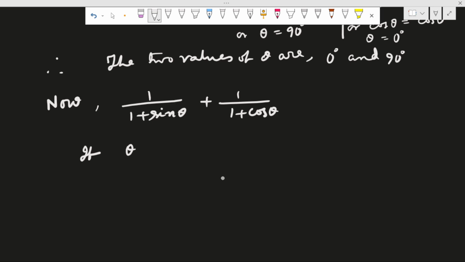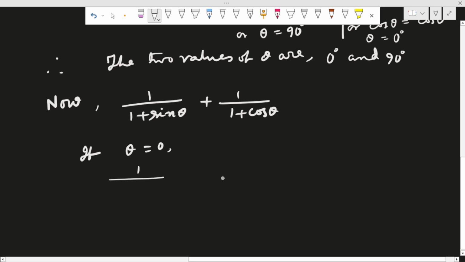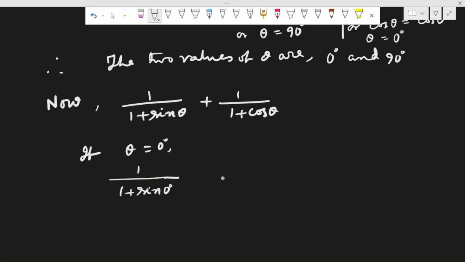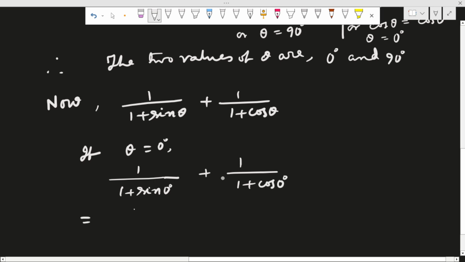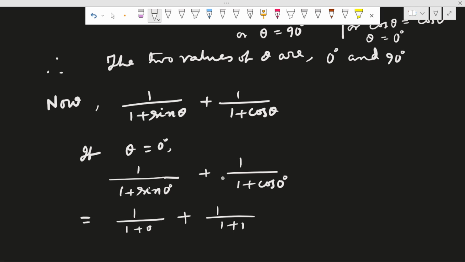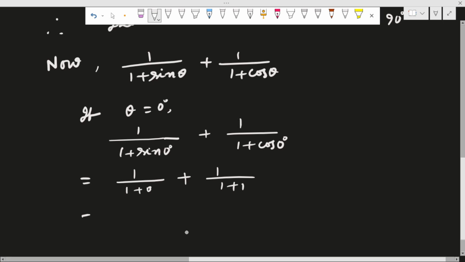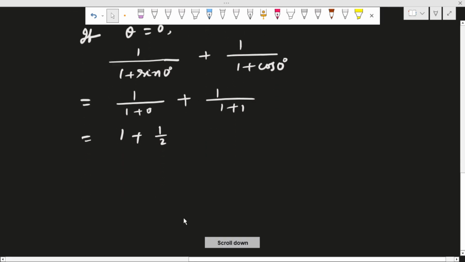If theta is equal to 0 degree, 1 by 1 plus sin 0 degree plus 1 by 1 plus cos 0, that is equal to 1 by 1 plus 0 plus 1 by 1 plus 1, which is 1 plus 1 by 2, after simplification.